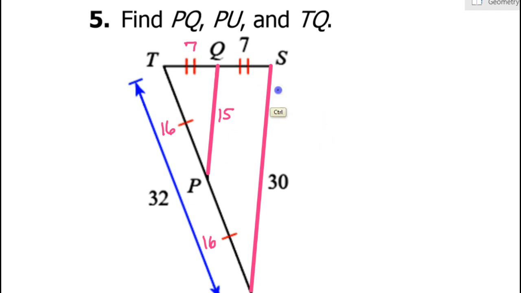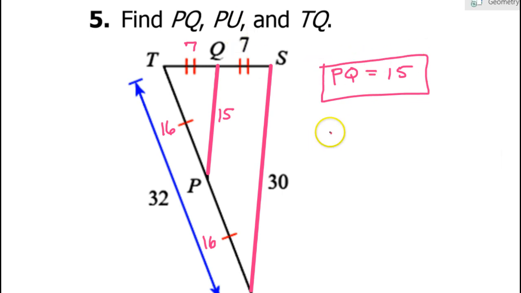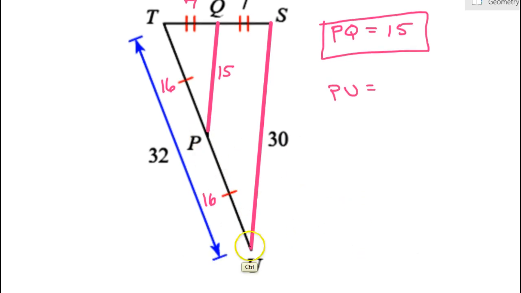I feel like at this point we have all of the pieces filled in, so we should be able to answer all of these questions. So PQ. PQ is that midsegment. We found out that that was 15. We're supposed to find PU. PU is this segment right here.